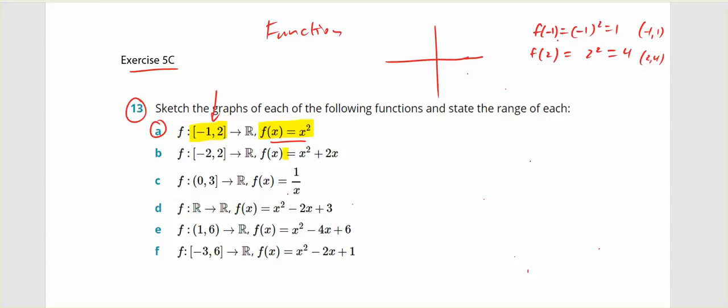So let's actually draw this. We know that this goes to (2, 4), and this only goes to (-1, 1).